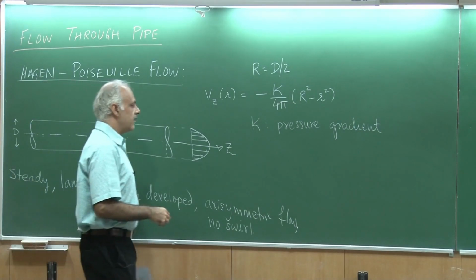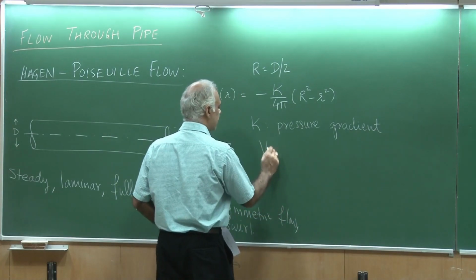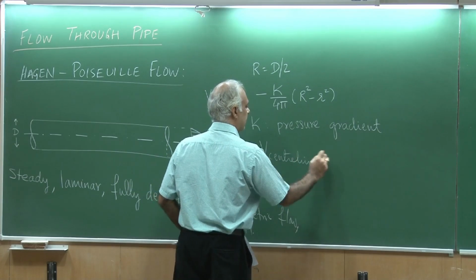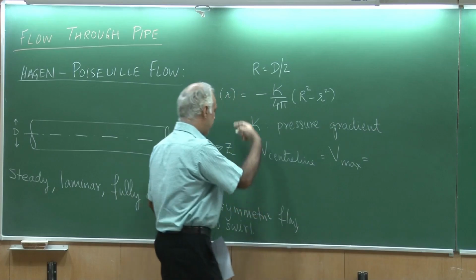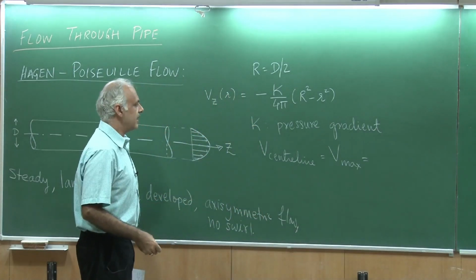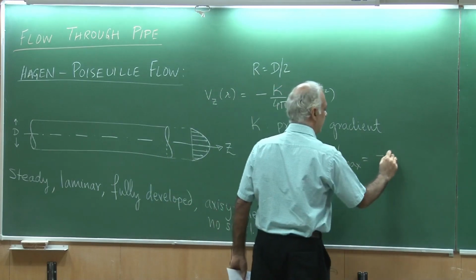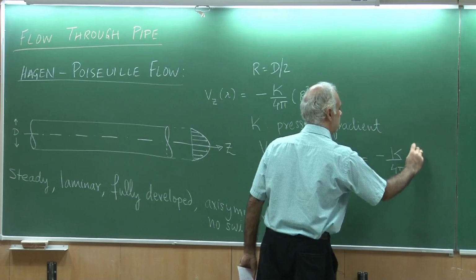which we were able to argue is constant along the pipe. We were also able to show that the velocity at the center line is the maximum at any location along r, and as you can see, that happens at r equal to 0. So that is minus k over 4 pi R square.